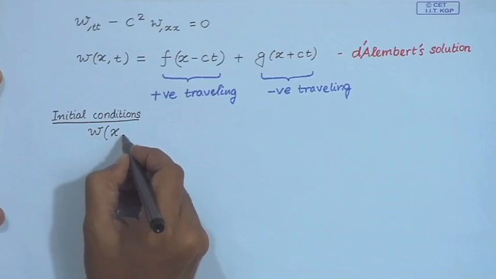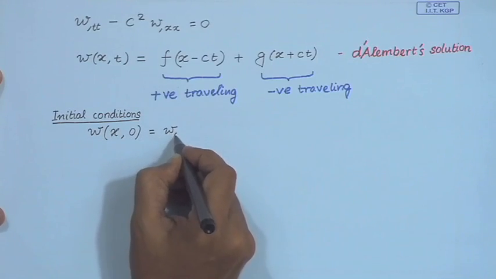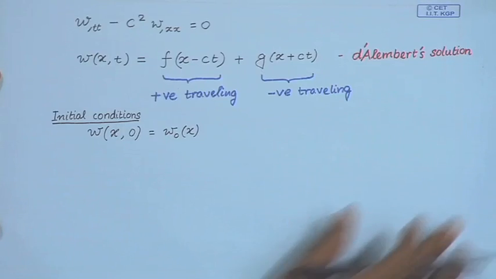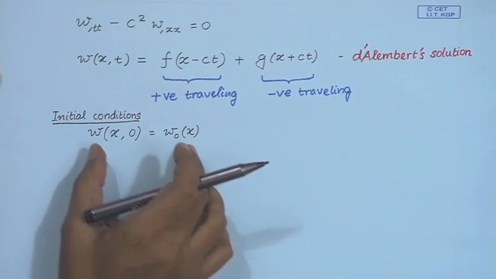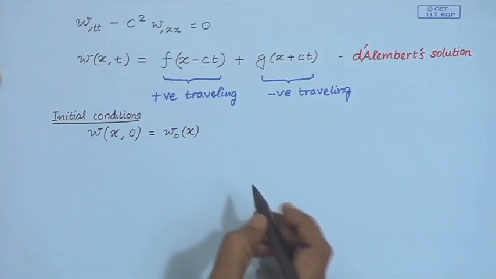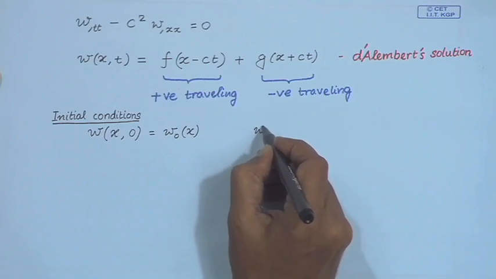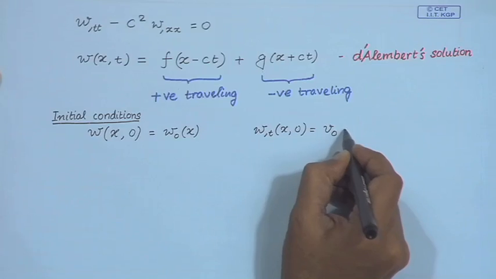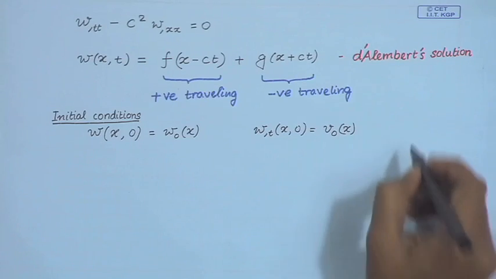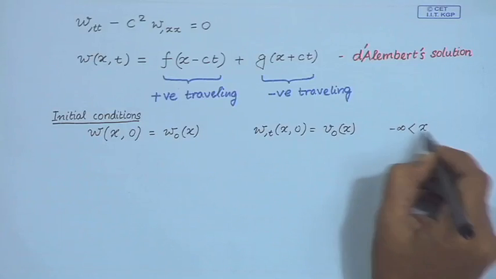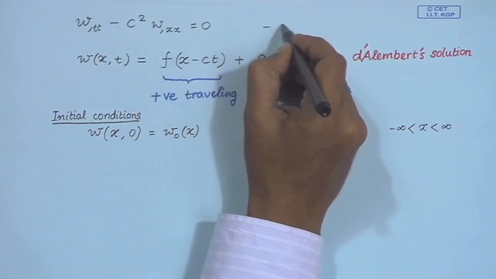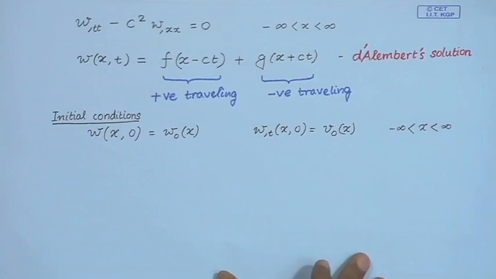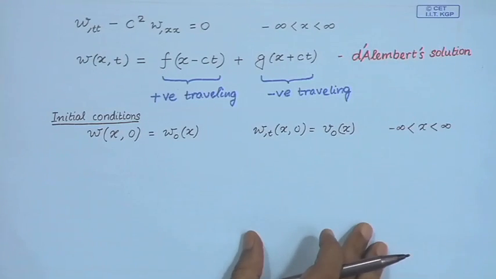Suppose the initial conditions are specified like this, that the system is given an initial shape defined like this, and the initial velocity distributed in this form, where the domain of this problem is from minus infinity to plus infinity.